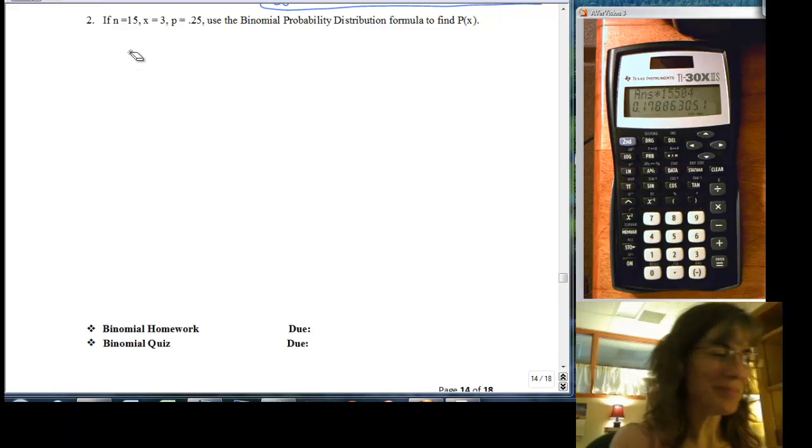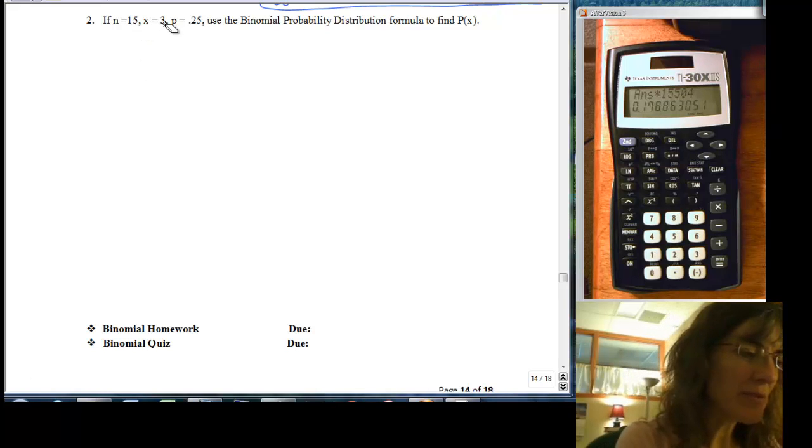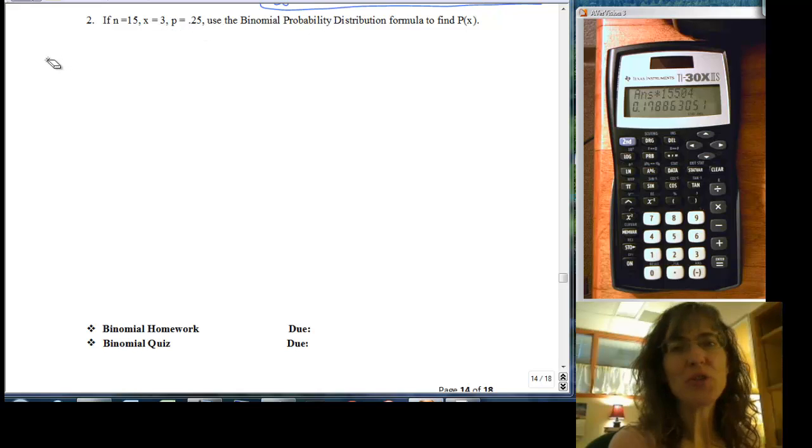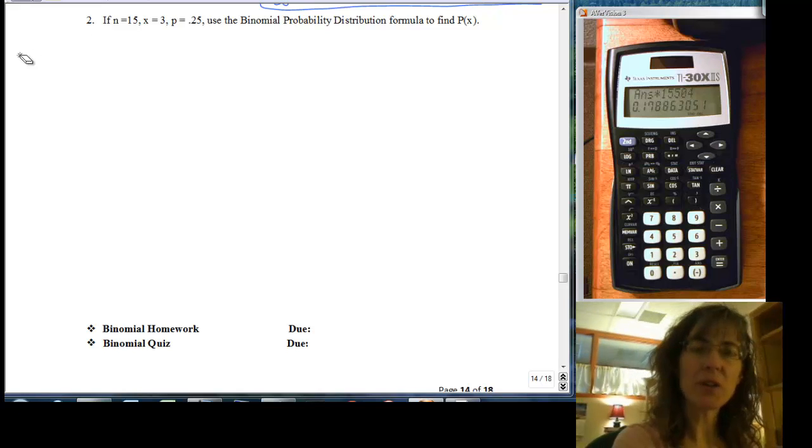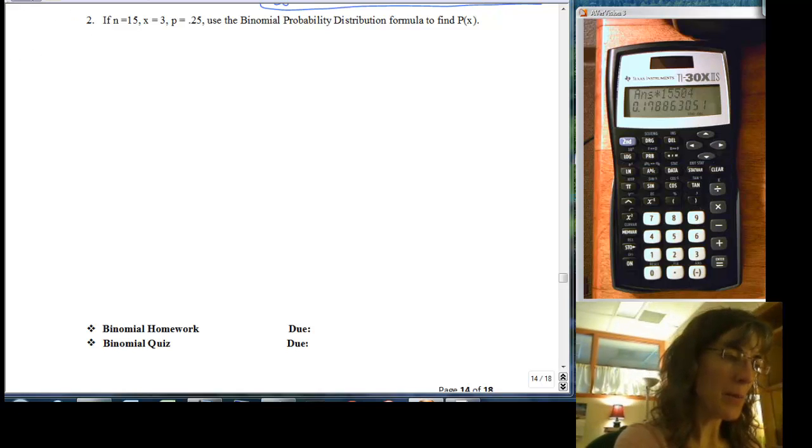Number 2, I have n equals 15, x equals 3, p equals 0.25, and use the binomial probability distribution formula to find the probability of x.